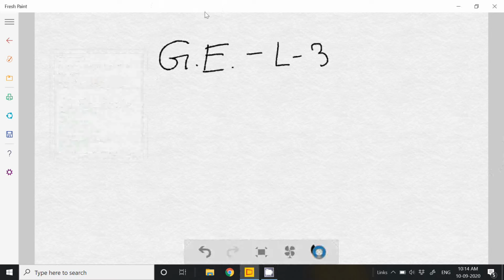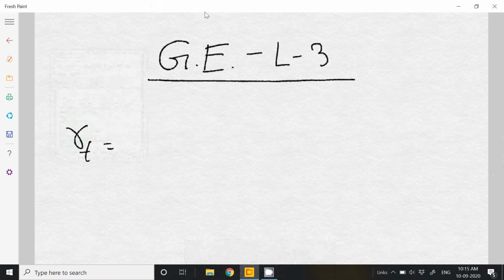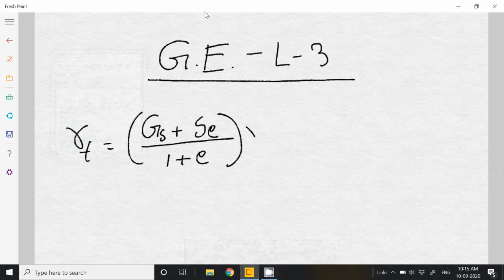So today, let us go back to the formula of bulk unit weight. If you remember, the bulk formula was what? Isn't it?